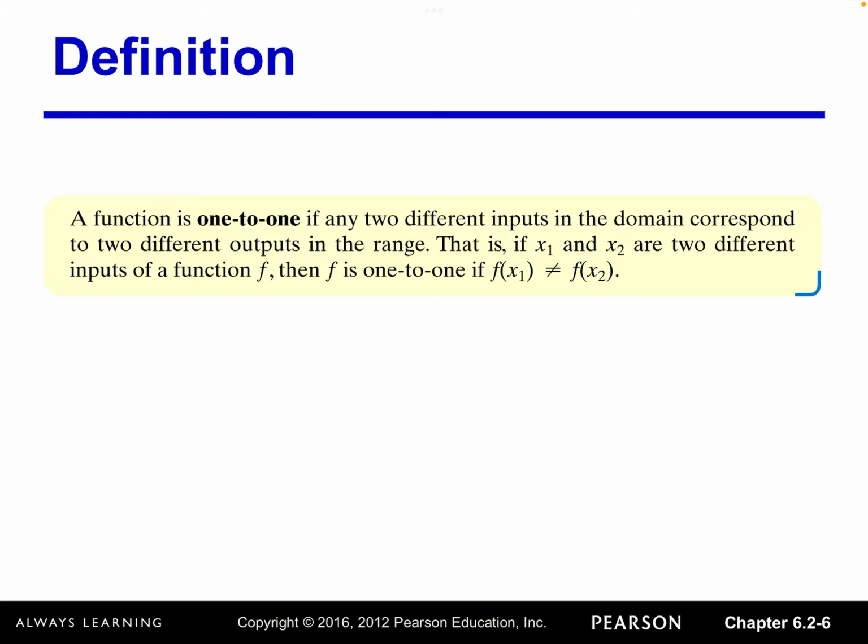So the definition of a one-to-one function: a function is one-to-one if any two different inputs in the domain correspond to two different outputs in the range. That is, x1, x2 are different inputs, and the function is one-to-one if the y's are different outputs.